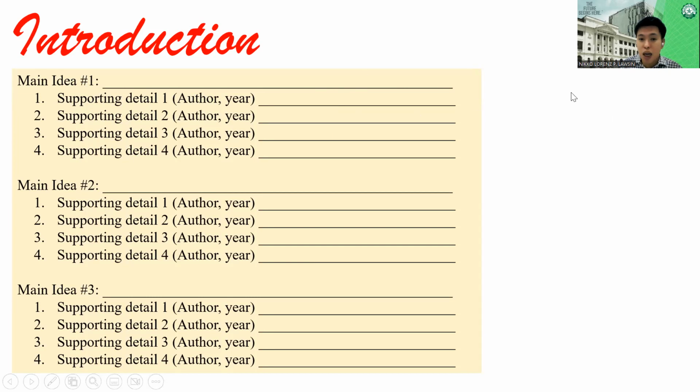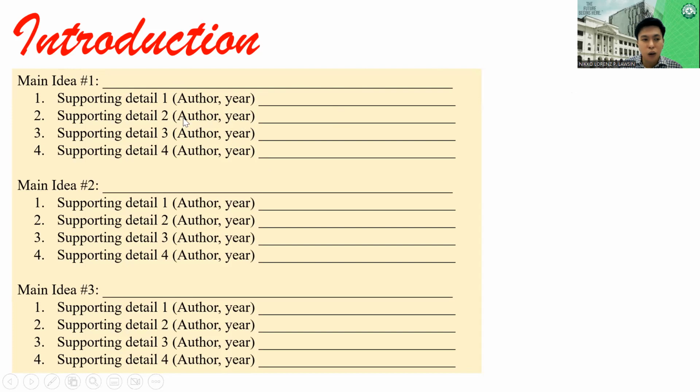So there are two styles that you can do. The first style is you state the author's stand, and then the stand is supported by the supporting details. Or the second approach is that you read the supporting details and you generate your main idea. It could be that way.